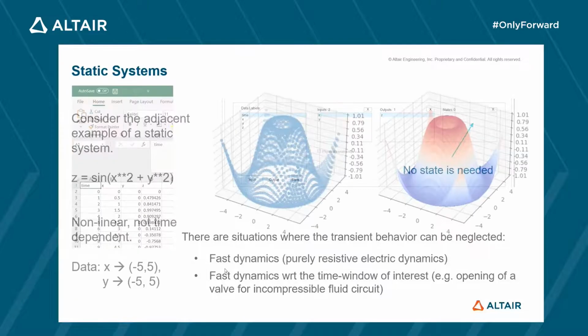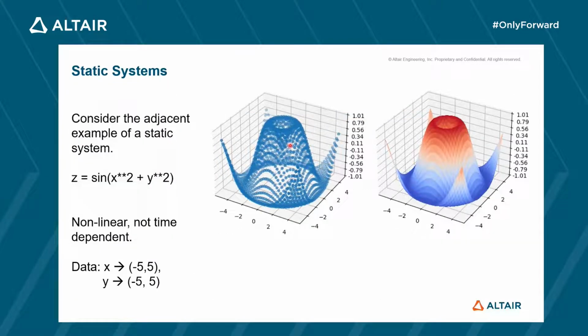So one example of a static system that we'll go over is simply this polar sinusoid. Here we can see that the value at any given X and Y coordinate is not time dependent or state dependent. It just depends on the X and Y values. And that gives us an output.